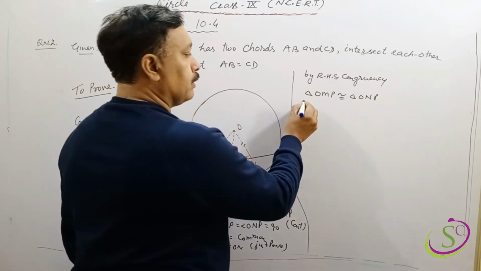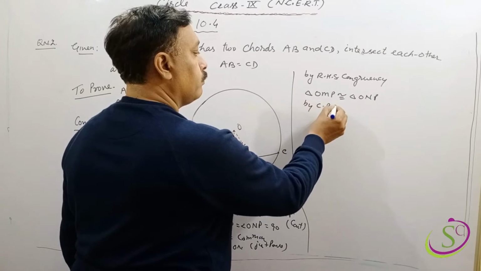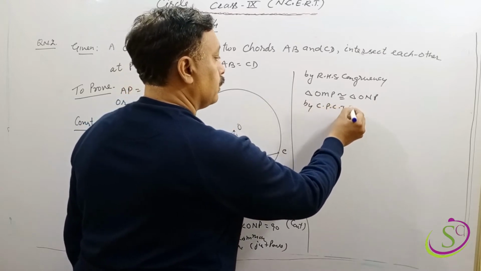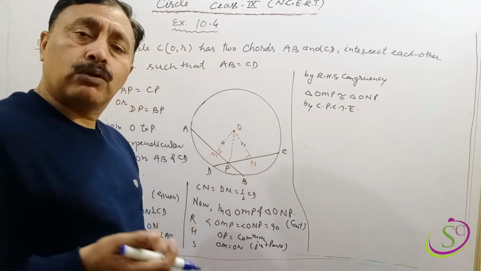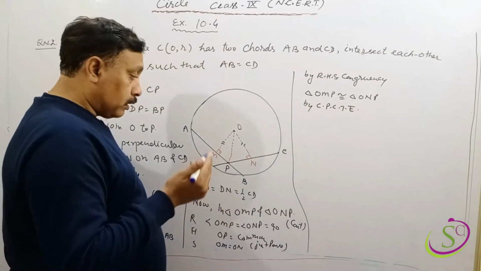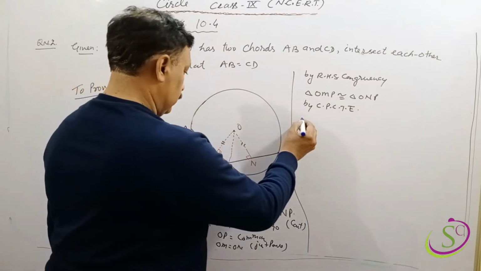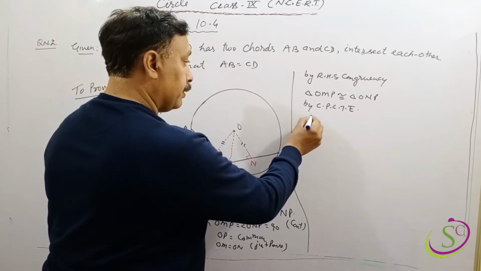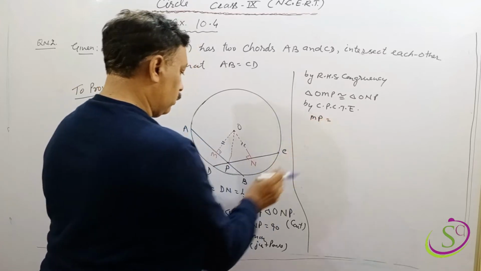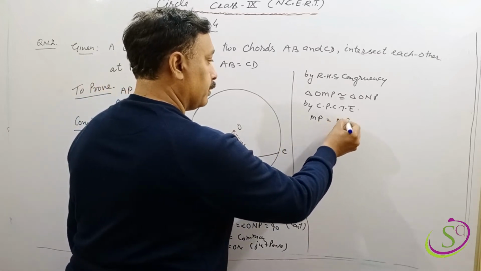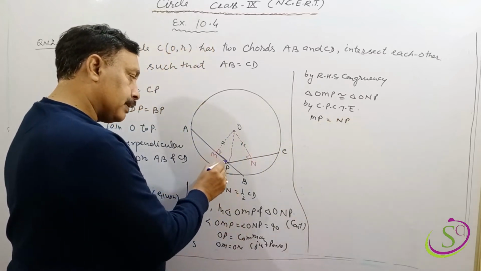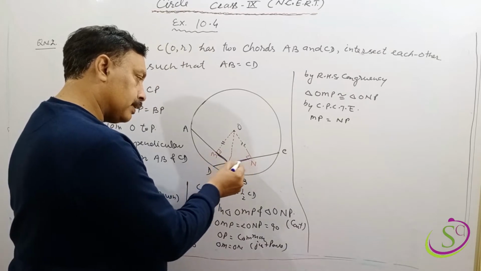So by CPCT, corresponding parts of congruent triangles are equal. So corresponding parts, means MP equal to PN. Clear? Means this segment equal to this segment.